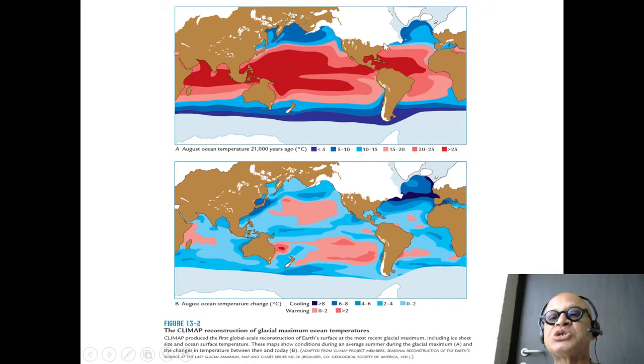You can see the ice sheets down here, deep into the US, in fact down to New York, because Long Island, which is an island off of Manhattan, is a so-called terminal moraine.